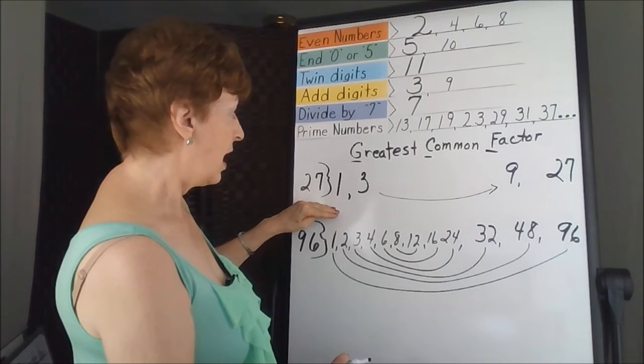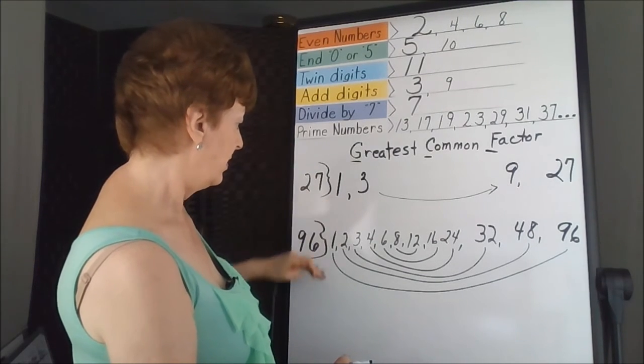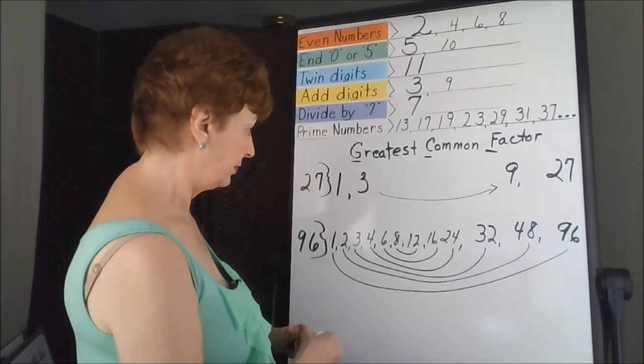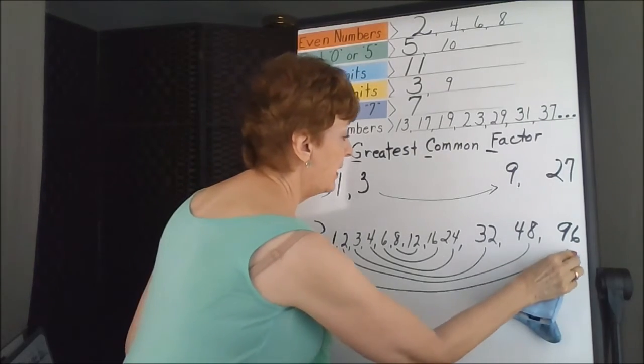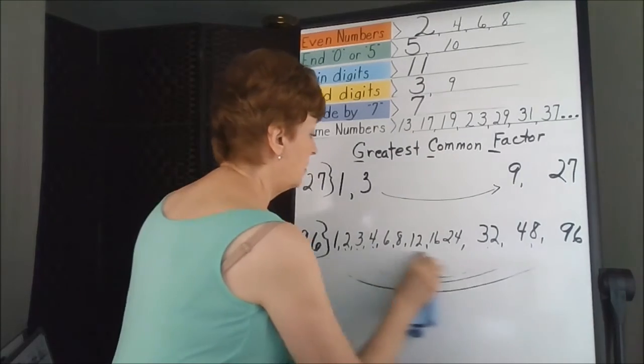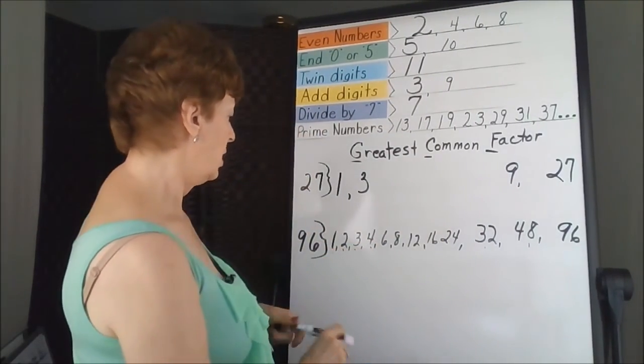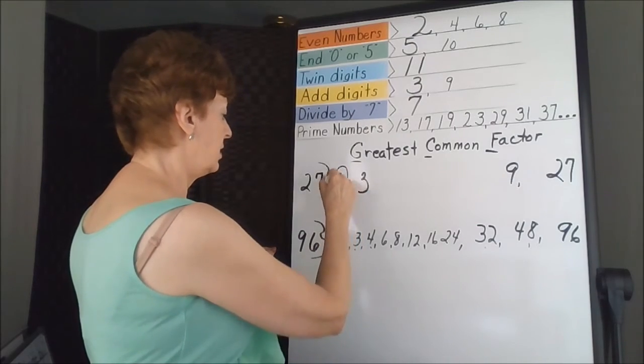What is the greatest common factor, though, of 27 and 96? Let me get rid of my lines so they don't confuse us. And we're going to be looking for matches. Well, 1 definitely matches.